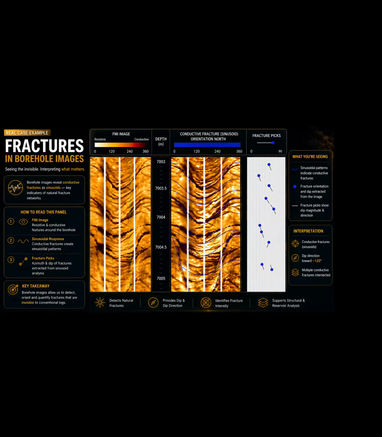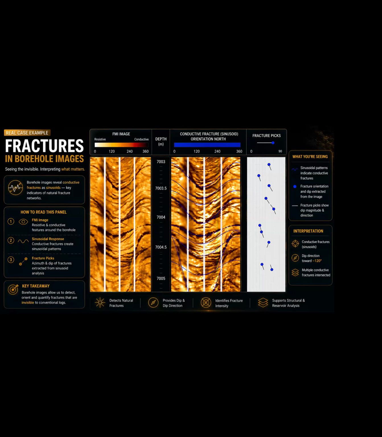A borehole image, if you write FMI, FMI is one of the famous tools for borehole images, but people got used to call any kind of borehole image an FMI, or dipmeter, some people also call it dipmeter. This capture here is a real case for fractures.